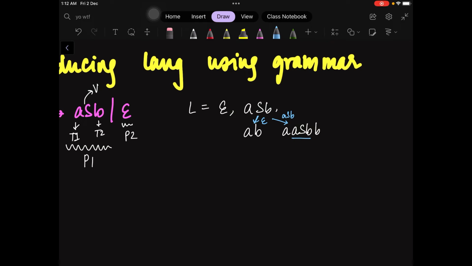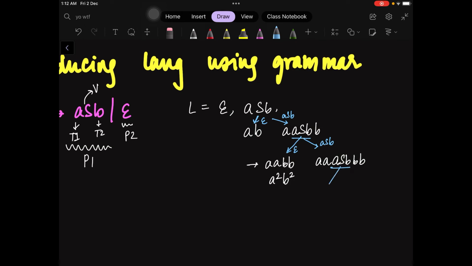If you then again substitute this particular S with epsilon or with ASB, you are again left with AABB, also known as A squared B squared, or again you're left with AASBB, which again is the substitution that we did.